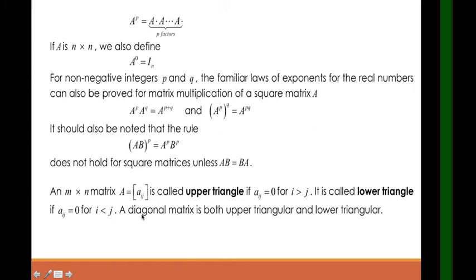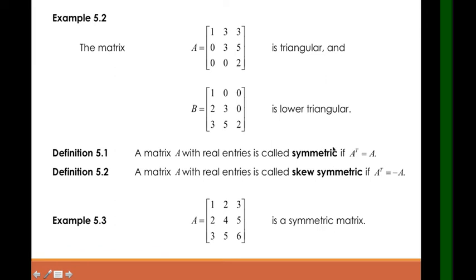A diagonal matrix is both upper triangular and lower triangular. So for the matrix here, as you can see, A is equal to 1, 3, 3, 0, 3, 5, 0, 0, 3, and all the nonzero numbers are at the top, no?